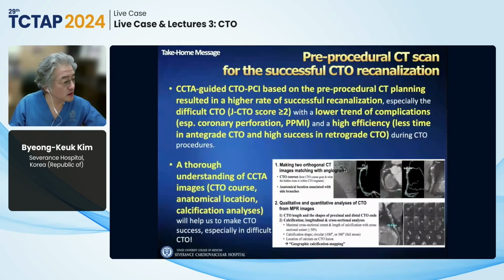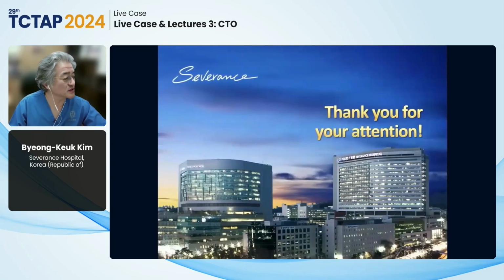A thorough understanding of the CCTA image, CTO course, anatomical location, and calcification analysis will help us to achieve CTO success, especially in difficult CTO. Thank you for your attention.